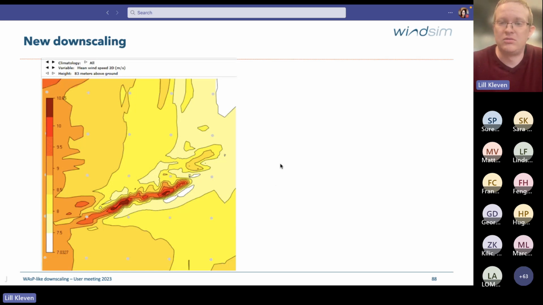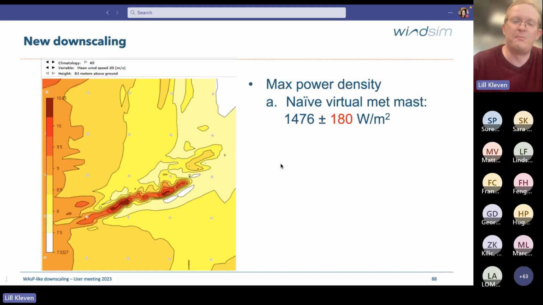And what we can also do is compare the maximum power density figures, which also gives you a sense of how well this method is able to capture the variability in the mesoscale field. So not just the mean values. And for the naive virtual metmast, we get more than a 12% error, the uncertainty.